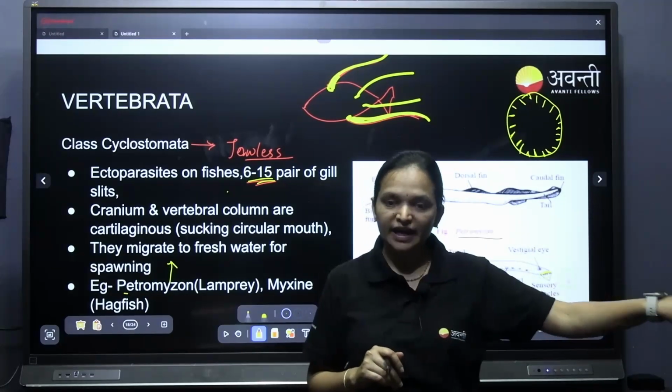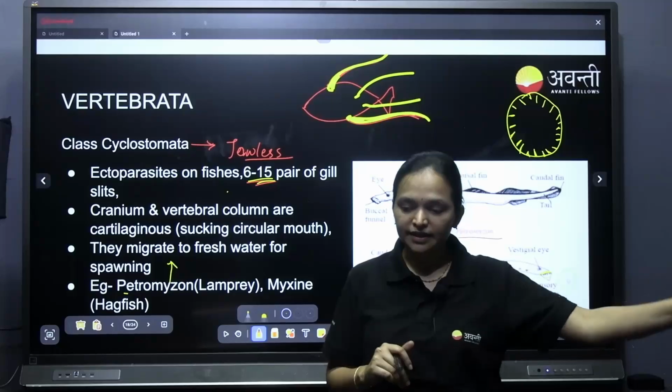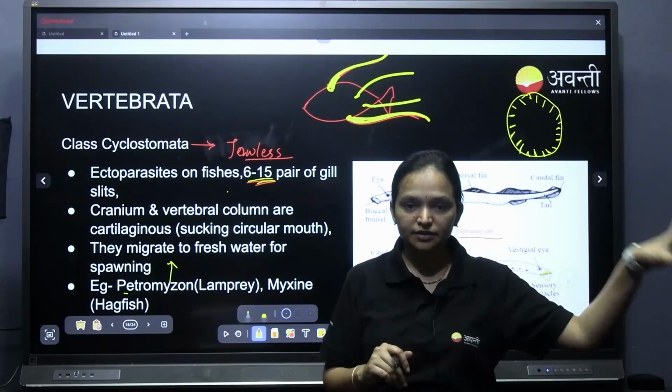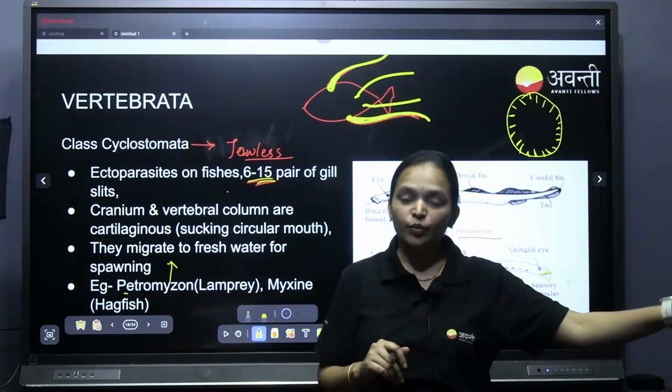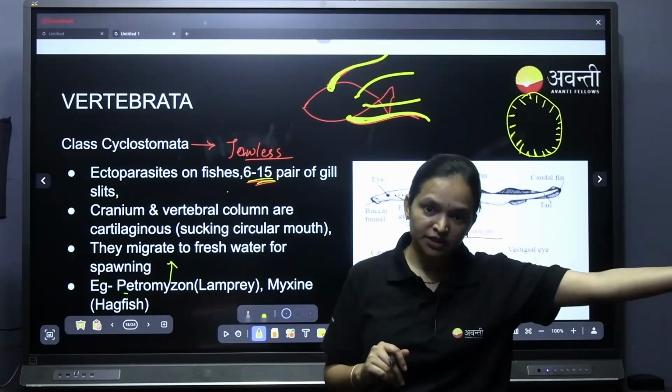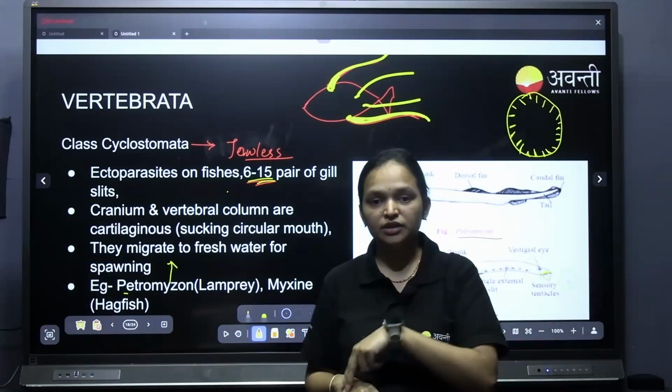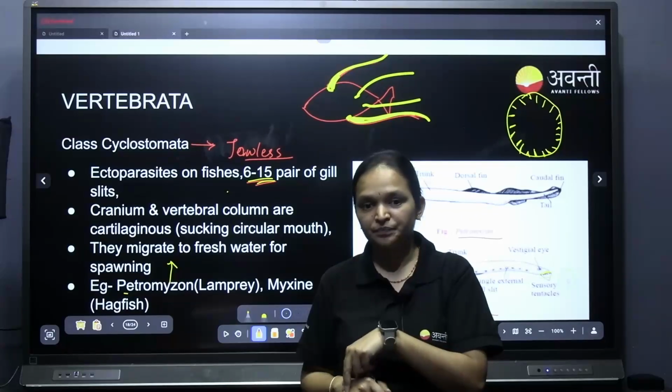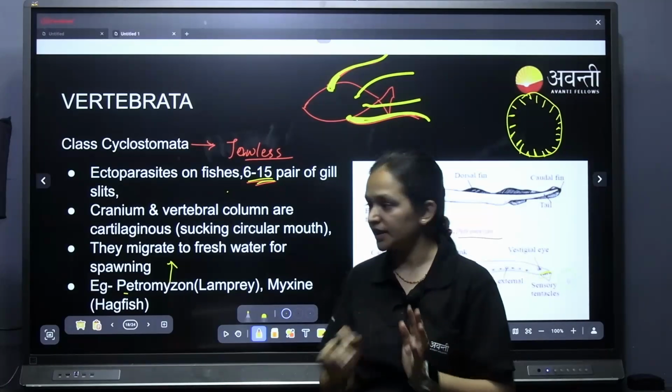The eggs hatch into larvae, and the larval stage will be in the fresh water. When the metamorphosis takes place and they become adult, they come back to the marine water, that is sea water. I'll repeat it once again.